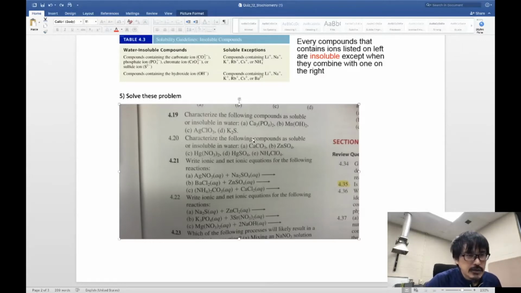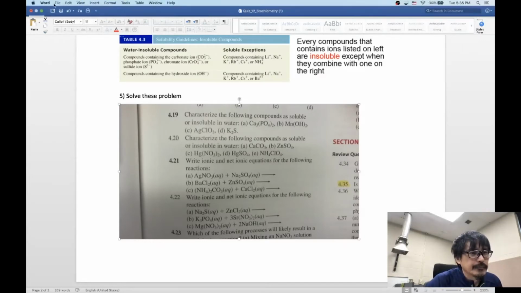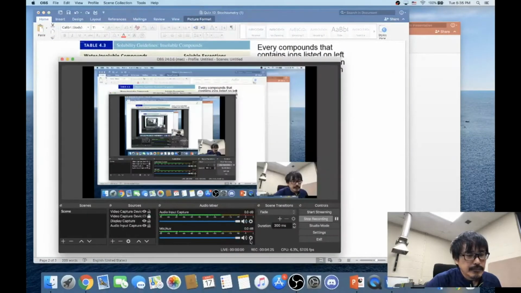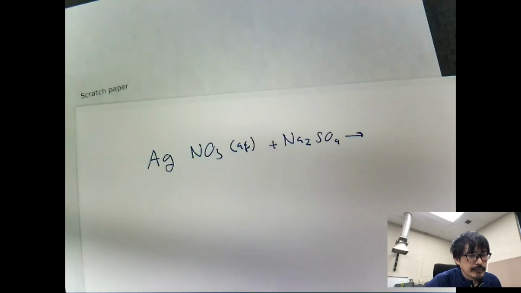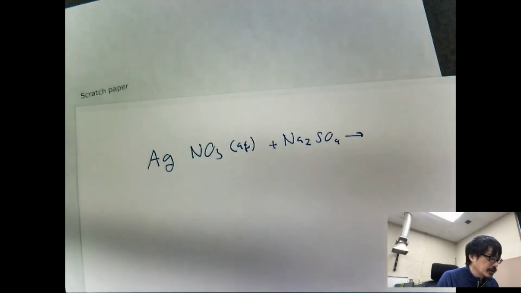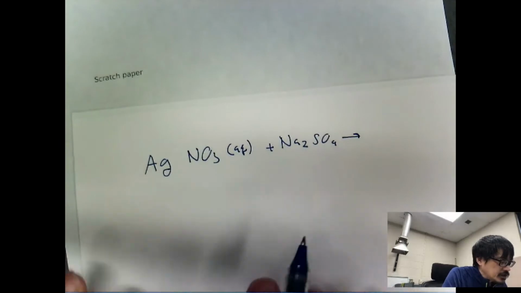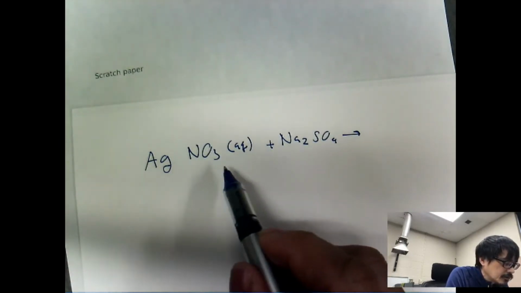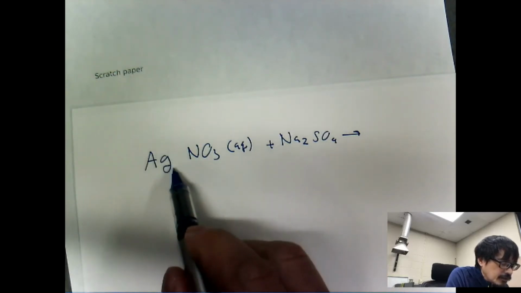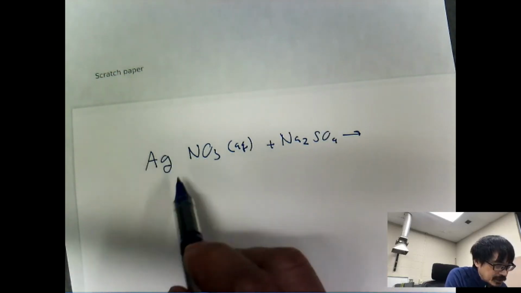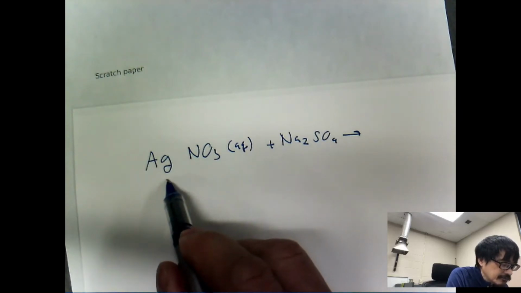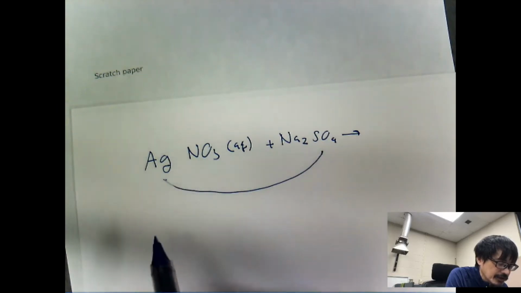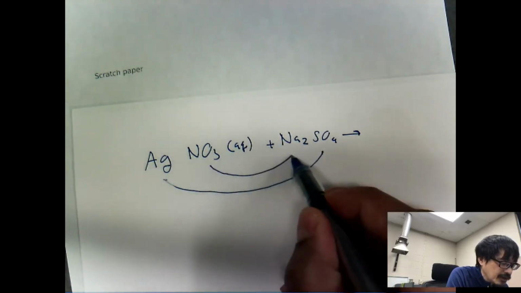Alright, so let's just switch the screen here. So we have this one, right? Ag was originally paired with NO3, right? So what we are going to do is that any positive is always going to be paired up with a negative, not this one, but that one, because it's already paired, right? And inside pair, it's going to pair up.